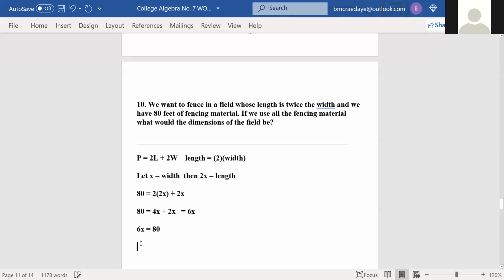Divide both sides by 6. And we get x equals 80 divided by 6. And that's equal to 13.33.